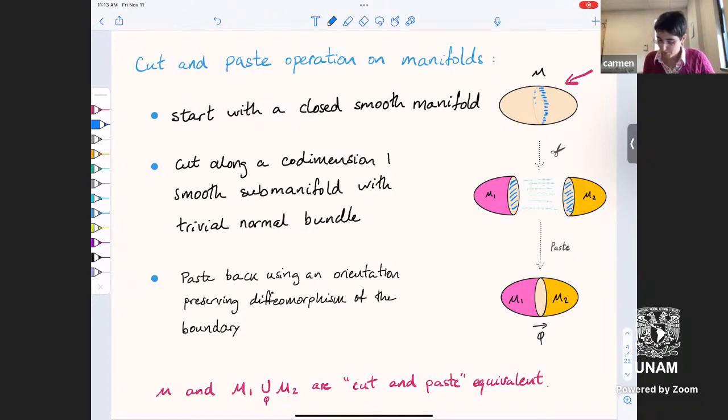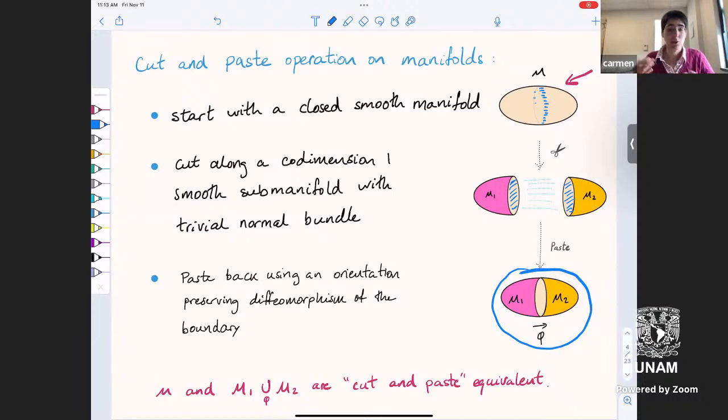Let's call that phi. So you do get a new manifold. You started with a manifold M, and by cutting and then gluing via a different diffeomorphism, you have achieved a different manifold. And you could say that M, the original thing, and the new result are cut and paste equivalent.